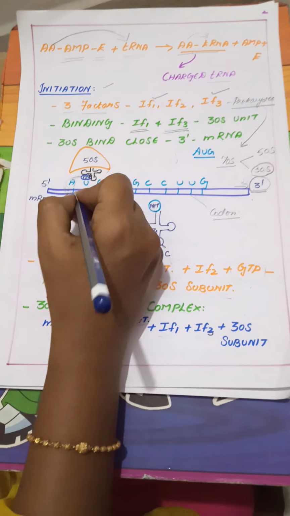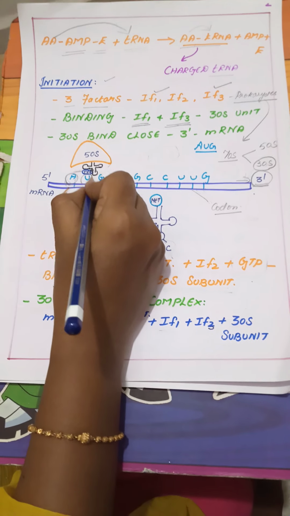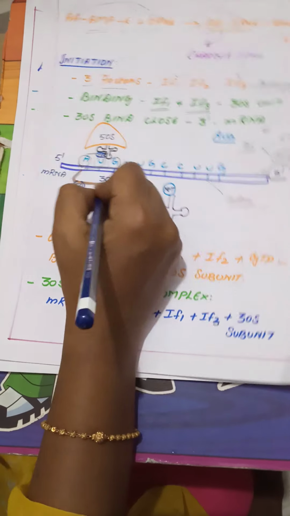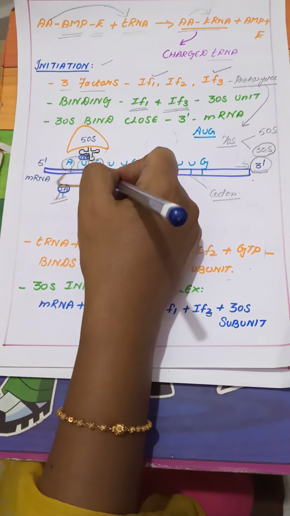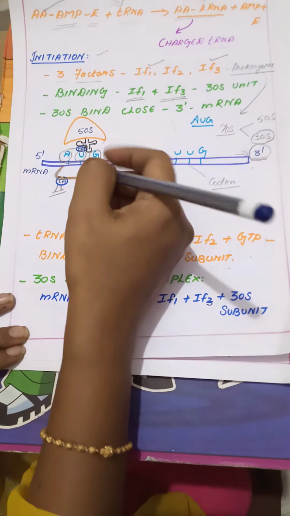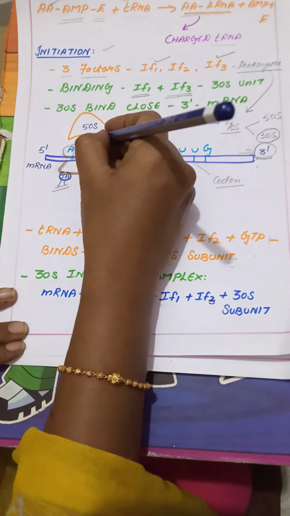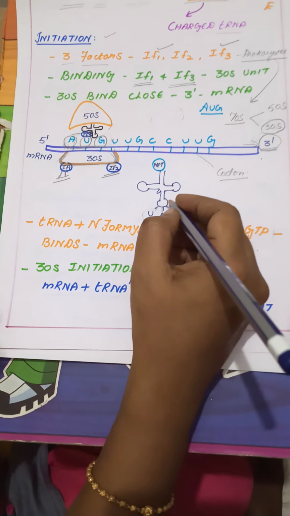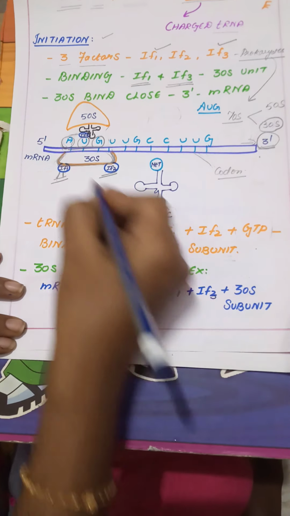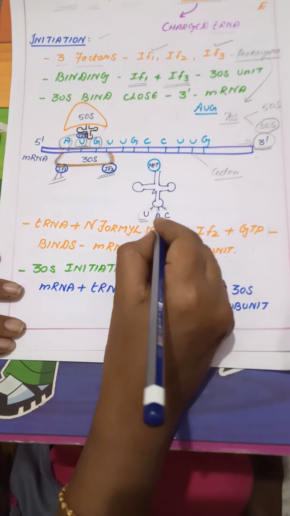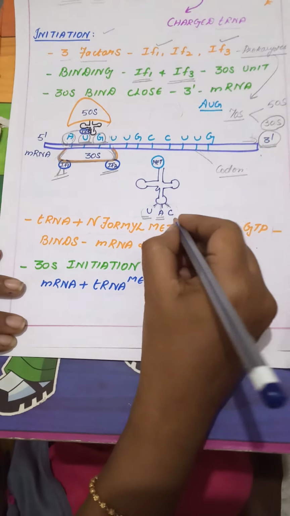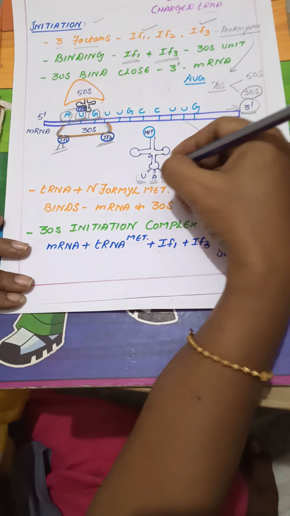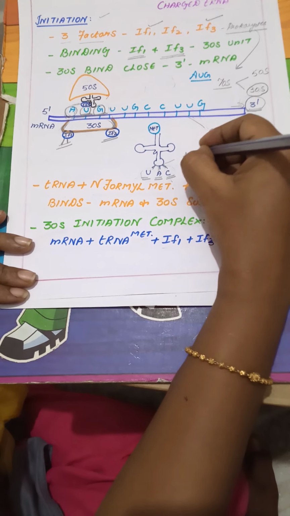This mRNA has the nucleotides AUG, which is the start codon, where the 30S binds. So this is a codon and the tRNA should have an anticodon. What is the anticodon for AUG? A binds with uracil, uracil binds with adenine, and guanine binds with cytosine. So the tRNA should have UAC. This is the anticodon.